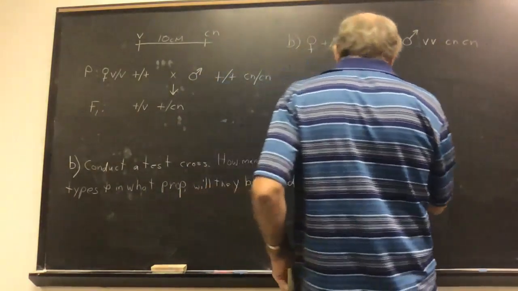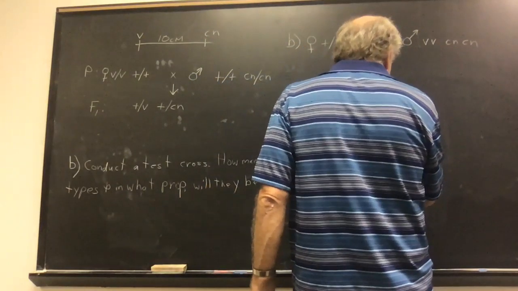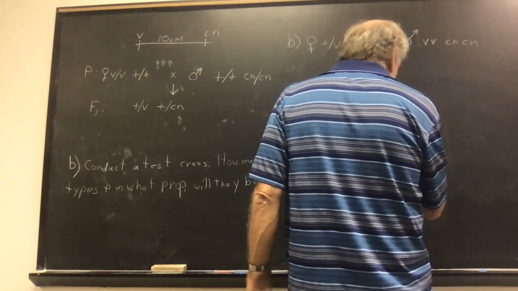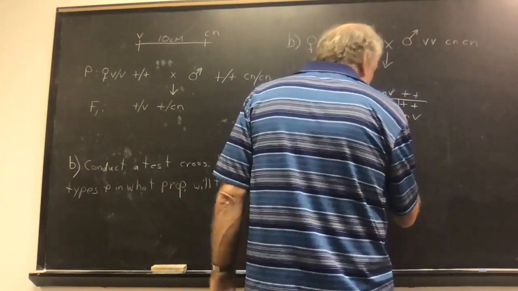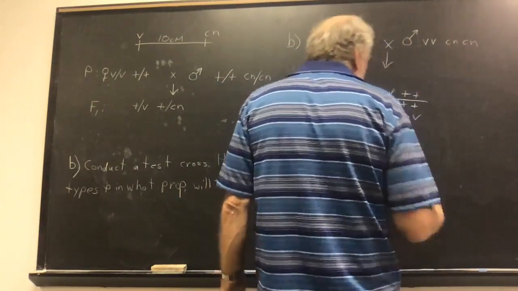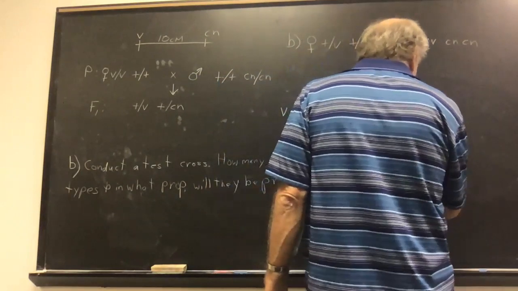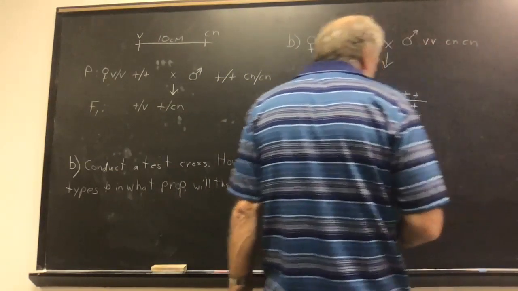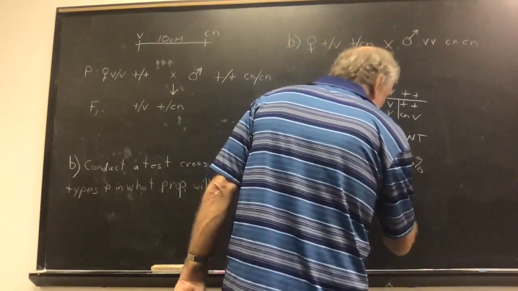Then here we've got our vestigial and cinnabar offspring. They're at 5% because they're recombinants. And lastly, here we've got wild type, which are also at 5% because they're recombinants.